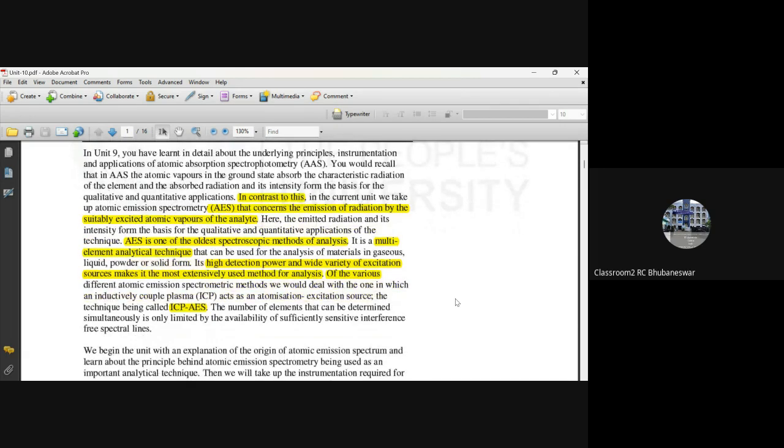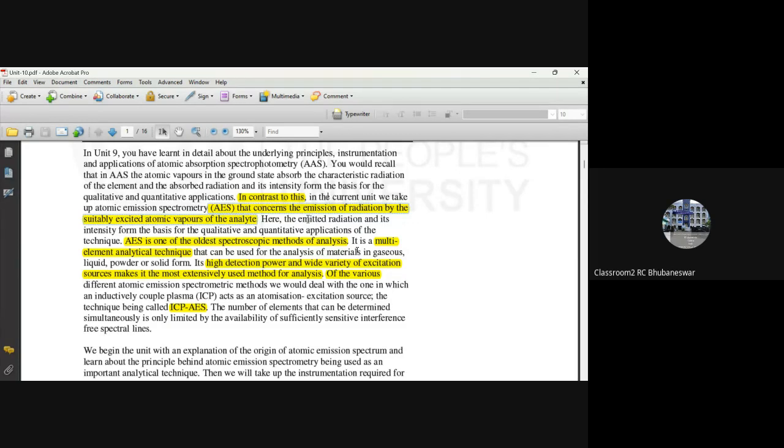But here we'll see atomic emission spectroscopy. Atomic absorption you came to know, but for emission spectroscopy, we have to find out how we will get a good emission spectrum out of the process. So in the current unit, we will be taking up atomic emission spectroscopy, which basically concerns the emission of radiation by suitably excited atomic vapors of the analyte.